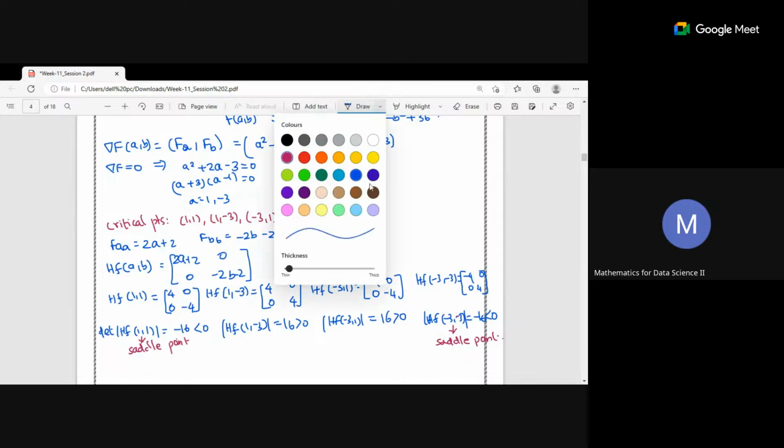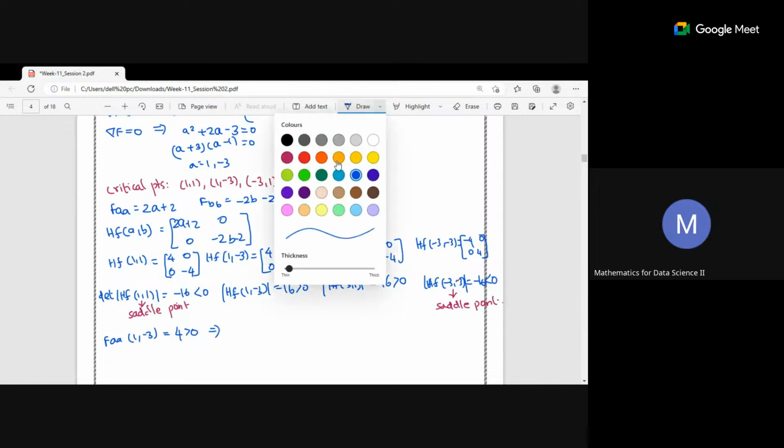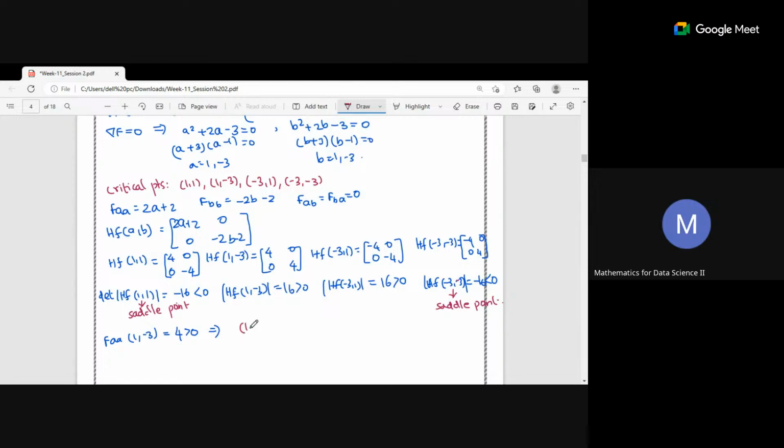What is f_aa at (1, minus 3)? This is your f_aa, 4. So you get 4, which is positive. So it means (1, minus 3) is a local minimum. Okay.